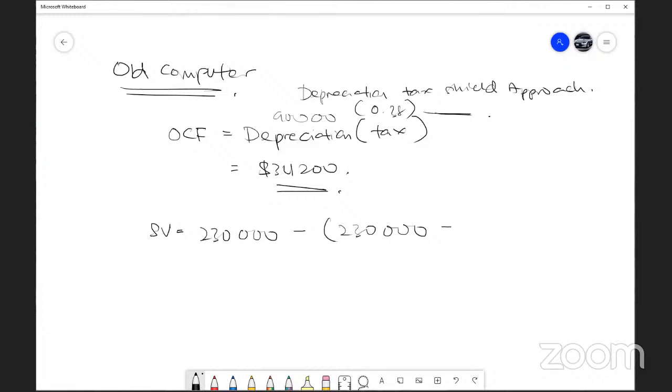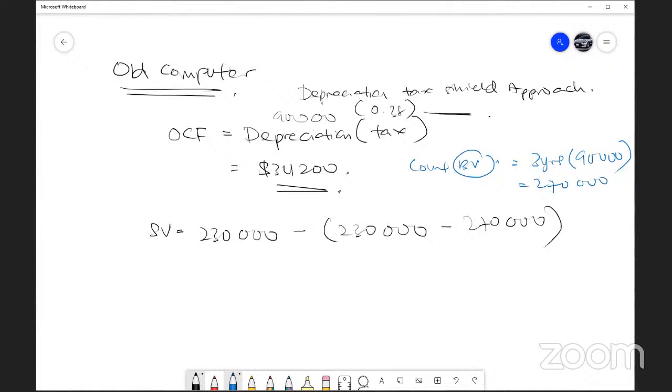So 90,000 times 3, that means now you still have 270,000 as book value. Okay, so you need to count the book value. Book value is not given to you. So now still got 3 more years left, multiplied by your depreciation because it's straight line to zero. So your book value is $270,000.